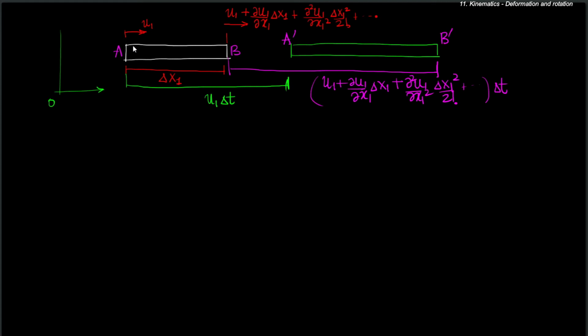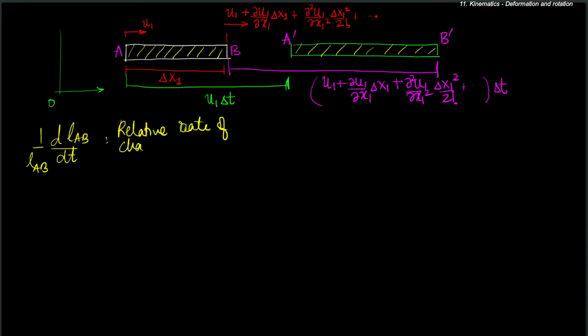If I call A and B the 2 points of the initial element, and A prime B prime the points after a time delta t, then I can define the relative rate of change of the length AB as 1 upon L_AB times D L_AB by Dt. So 1 upon L_AB, capital D L_AB Dt is the Lagrangian change of the length, and it is the same as the Eulerian change as delta t goes to 0.